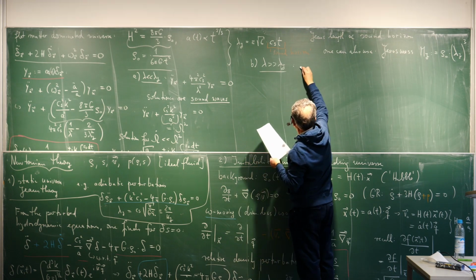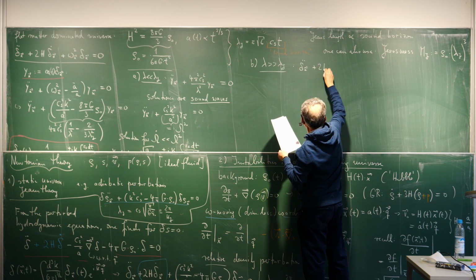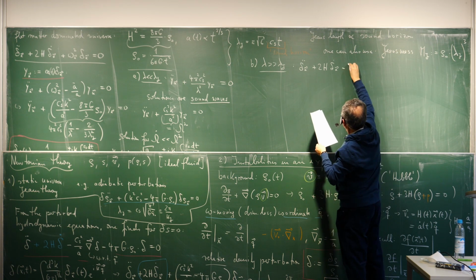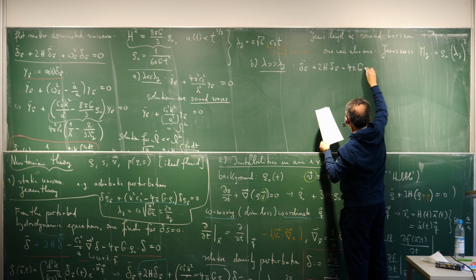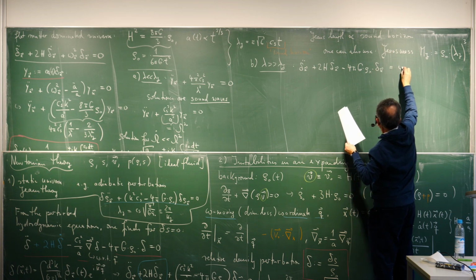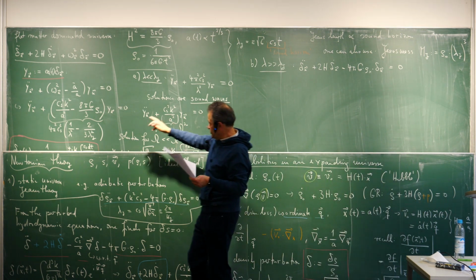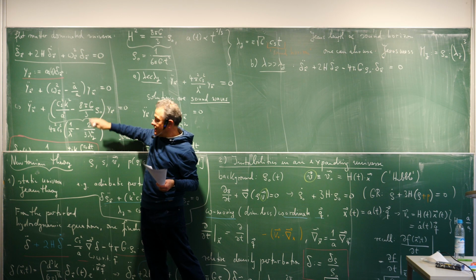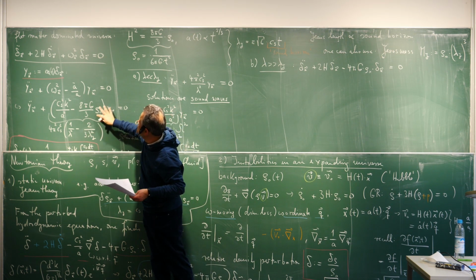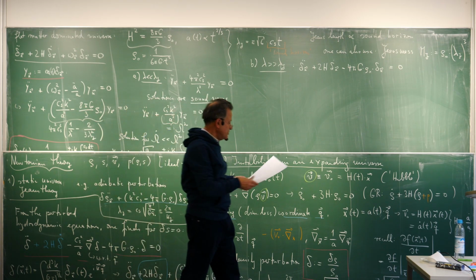So we have delta k double dot plus 2h delta k dot minus 4 pi G rho naught delta k equals 0. Now we have domination of the gravitational term. Here you see this dominates over that. Gravity dominates over the friction term for small wavelengths.